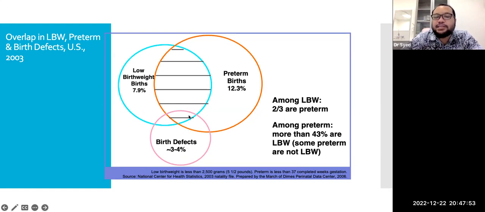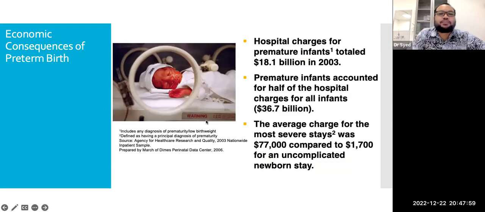There are subsets of babies who have low birth weight, birth defects, and also prematurity. One thing I need to always mention, prematurity is associated with a lot of economic consequences. In the US alone, US ni dia punya healthcare system dia pelik lah, is insurance based, so it's very costly.